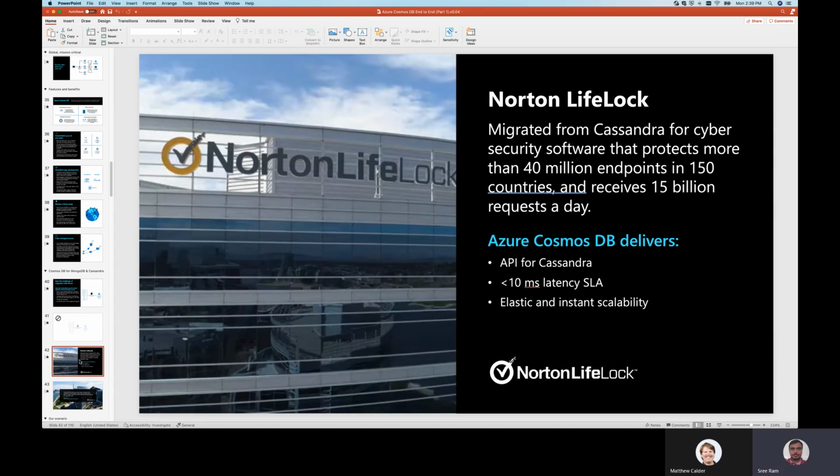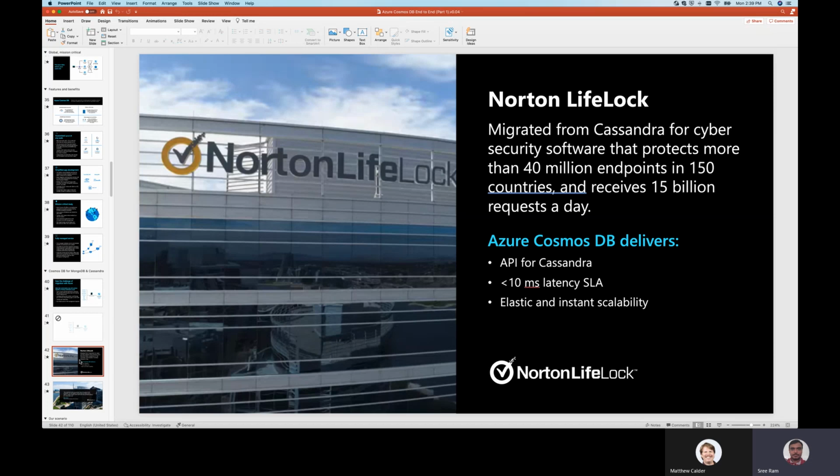So let's see a customer use case in form of Norton, where they migrated their on-prem Cassandra into the cloud, wherein they migrated massive amounts of data into the Cosmos DB Cassandra API, so that you can see the volume of requests here. They protect 40 million endpoints in 150 plus countries, and they receive 15 billion requests per day.